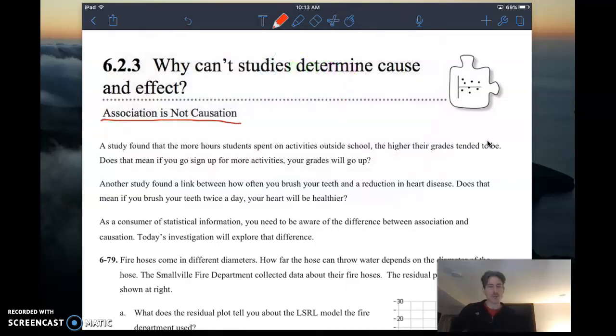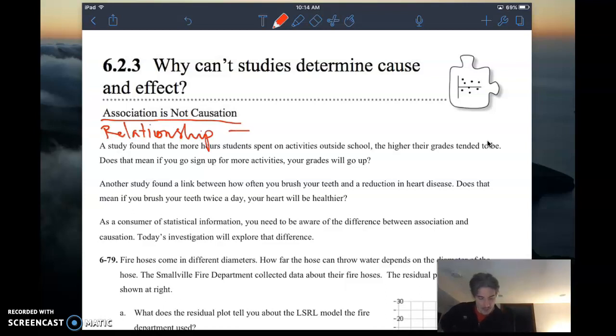And what does that really mean? Association is not causation. Association, remember, is a fancy word for relationship. When there's an association between two variables, it means there's a relationship between those two things. But then it says is not causation.